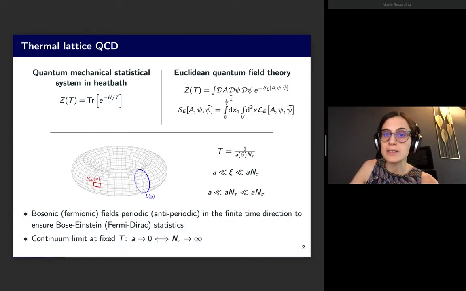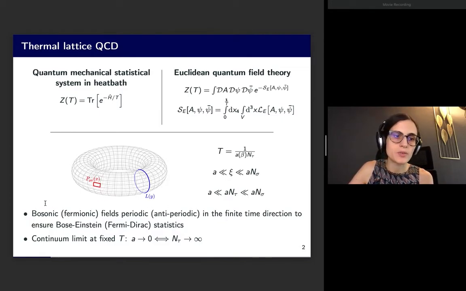And that is the unique difference with respect to t=0, together with the fact that you want to ensure the correct statistical behavior of the fields in terms of which your action is defined by enforcing periodic or anti-periodic conditions in this temporal direction over which the lattice has been compactified.